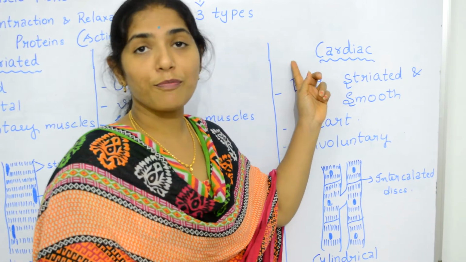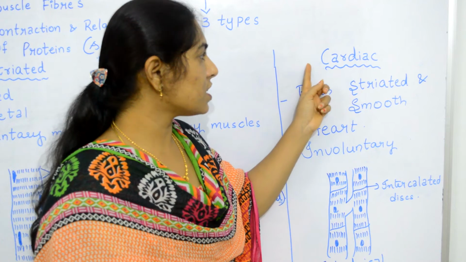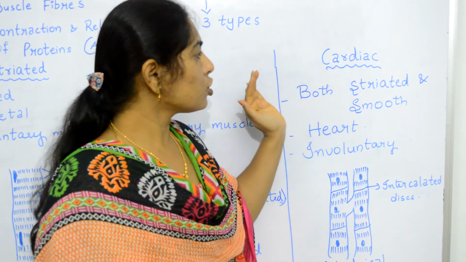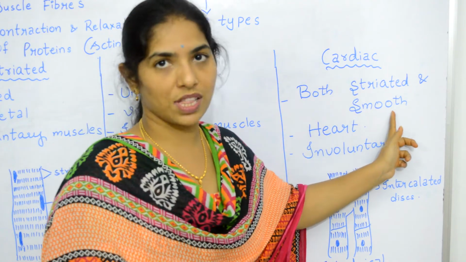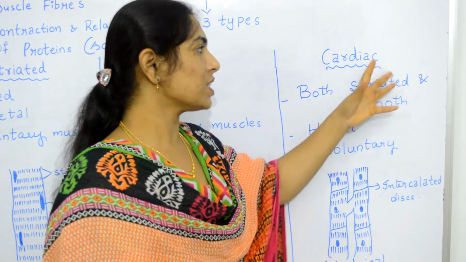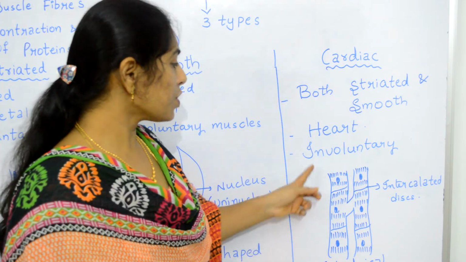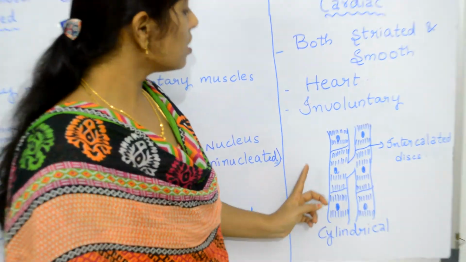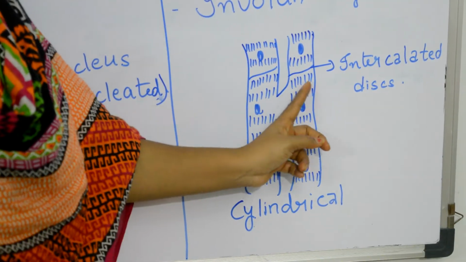The third type of muscle tissue is cardiac muscle tissue. This cardiac muscle shows the characteristics of both striated muscle and smooth muscle. So how is it resembling the striated muscle and how is it resembling the smooth muscle? If you see the structure of this cardiac muscle, they are branched fibers.